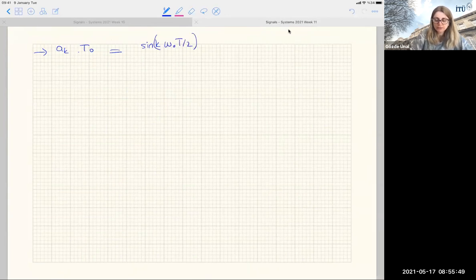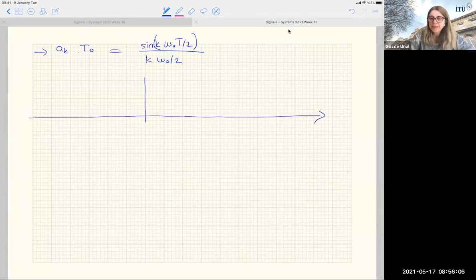What I'm going to show you now is that we will look at this Fourier series coefficient and see what happens to it as T0 goes to infinity. So now this is a discrete spectrum, remember. This is ω, and this is a_k times T0 that I'm plotting, this guy.